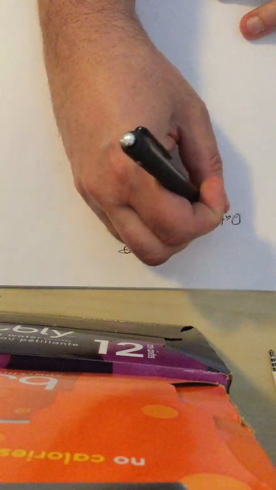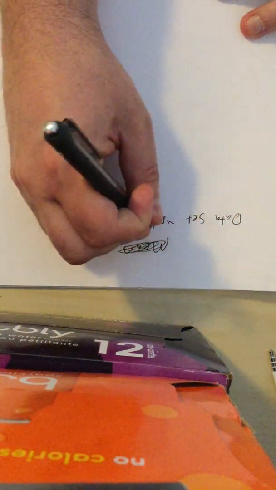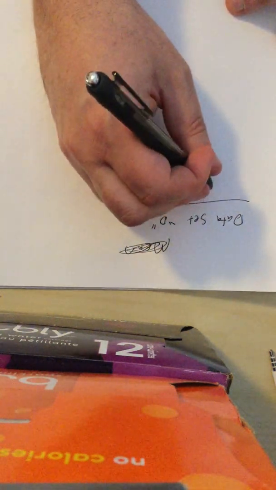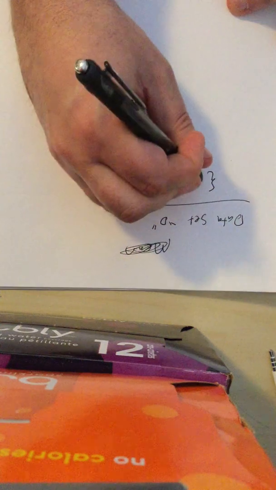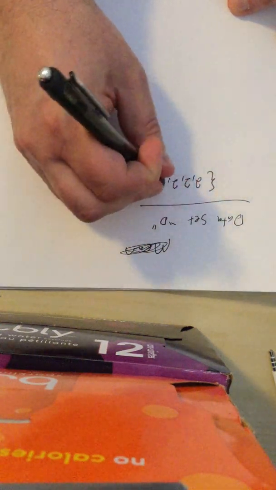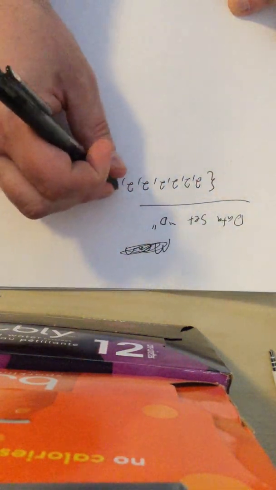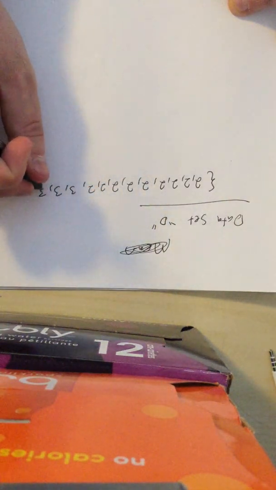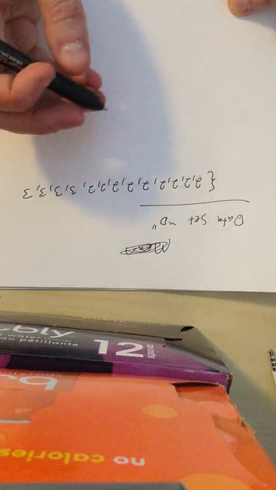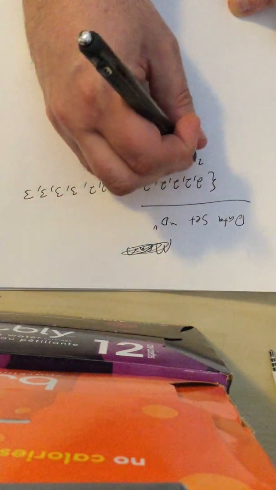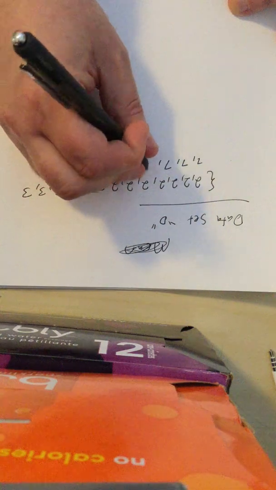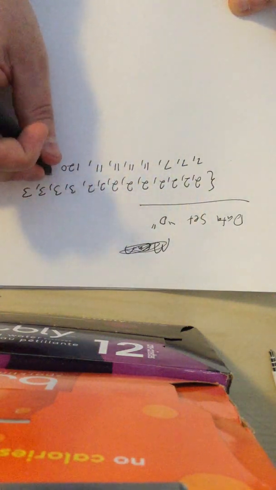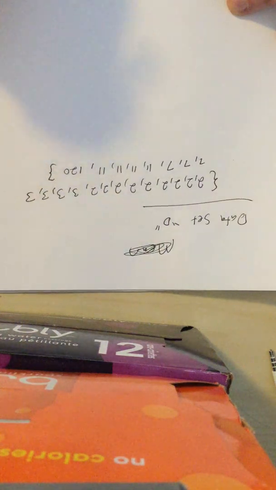So we're going to have data set D. So 1, 2, 2, 2, 3, 4, 3, 11, 120. Okay, so there's our data set.